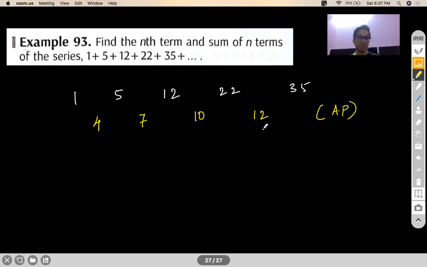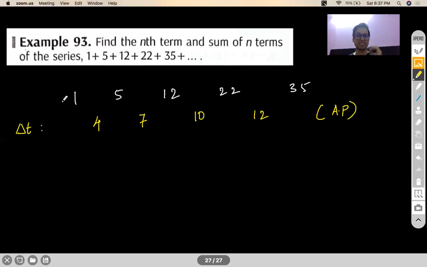Now, it is quite possible that you may not get the difference as an AP in the first go. You may have to take the difference of the difference or difference of the difference of the difference. So let me just use the word delta T for it. Delta T means the difference of the terms. Okay, so many times you may have to find delta square T to get an AP. Now here is a trend that I would like to discuss with you.